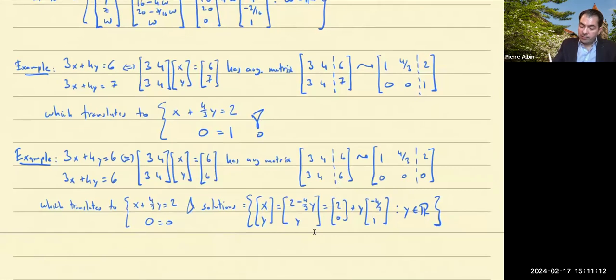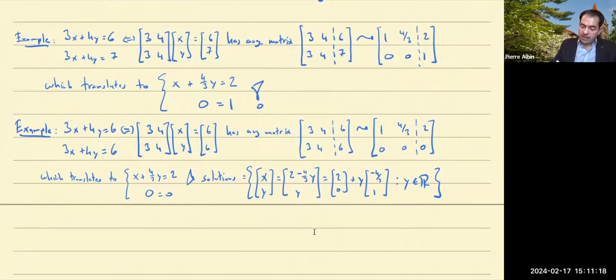What happens when you have no solutions? That's when you have a pivot in the final column. And this one was another example where you have infinitely many solutions, where we ended up with a free variable. As long as you don't have a pivot in the final column, you're going to have infinitely many solutions if and only if there's a free variable.